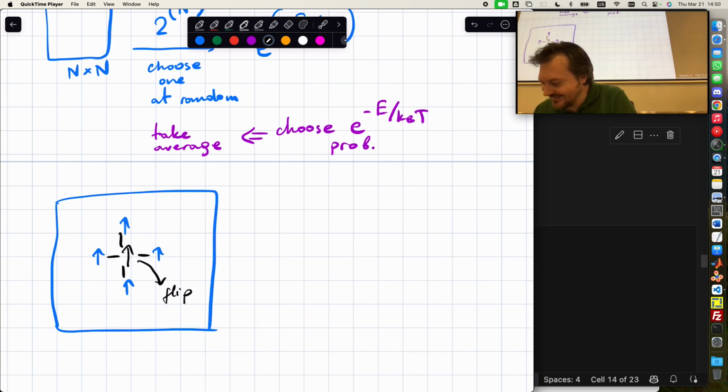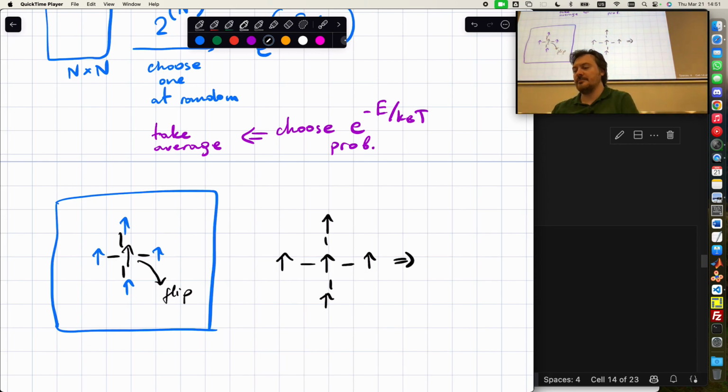What is the energy now? You don't know? Let's say minus 4J, because there's this interaction, this interaction, this interaction, and that interaction. 4 interactions, minus 4J, right? What is the energy once it is flipped? Plus 4J, very good.